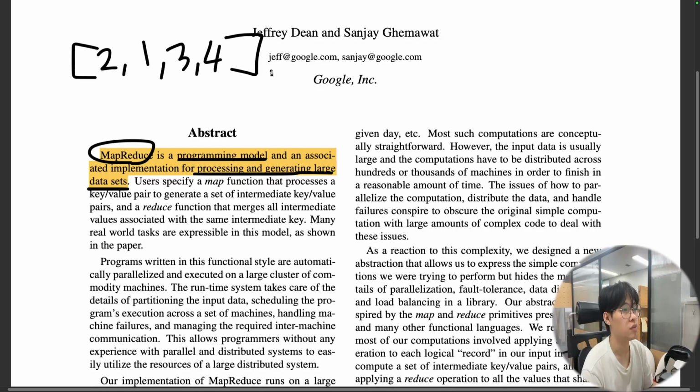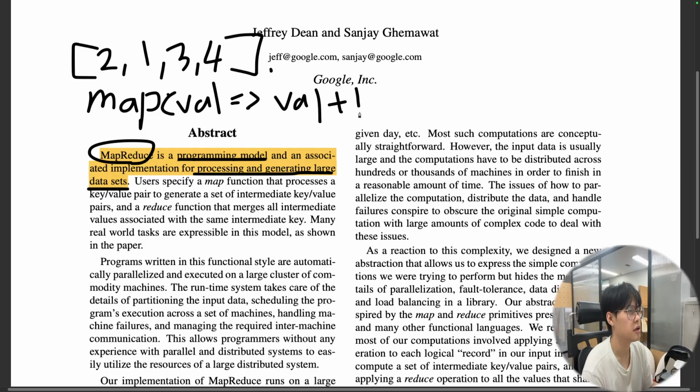When we use the map function, we can change these element values into something else. For example, let's say our value has to be increased by 1, and the result is going to be 3, 2, 4, 5.